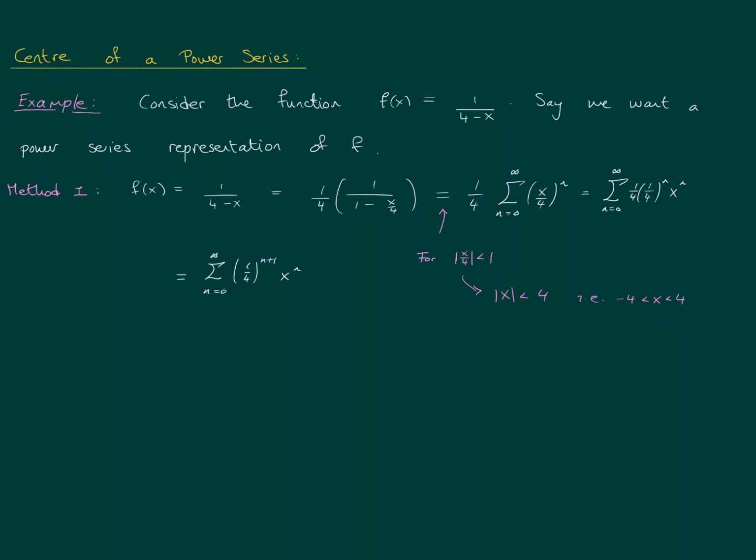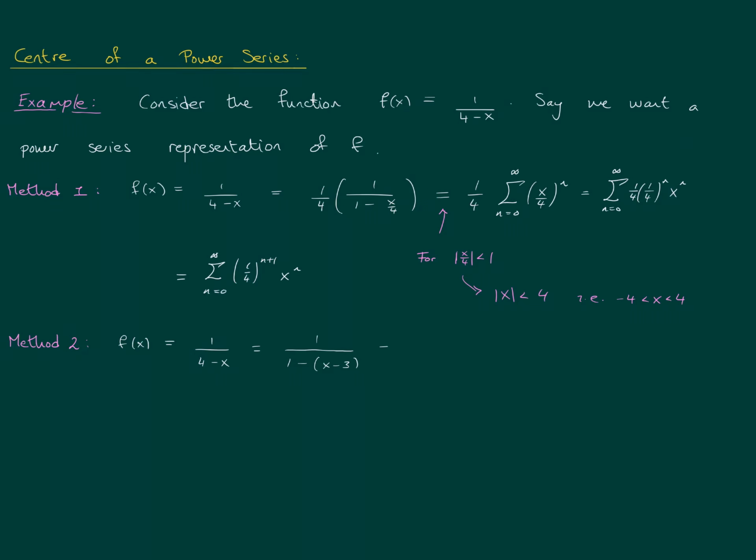Okay, now let's see method 2. f of x again is just 1 over 4 minus x. But this time we're going to write it as 1 over 1 minus (x minus 3).